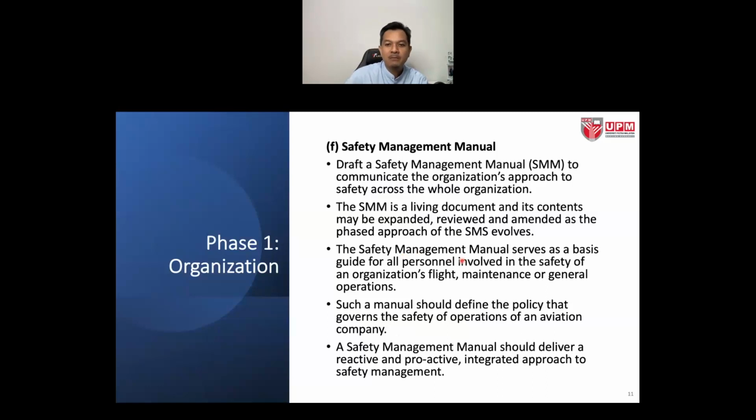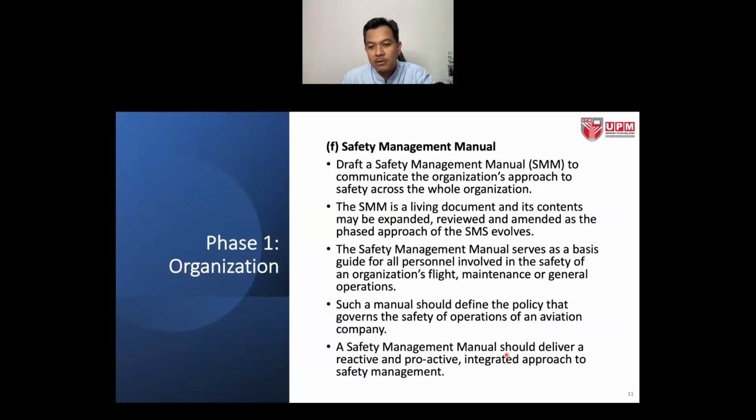Right? The safety management manual serves as a basic guide for all personnel involved in the safety of organizations, flight, maintenance, or general operation. Such a manual should define the policy that governs the safety operation of an aviation company.